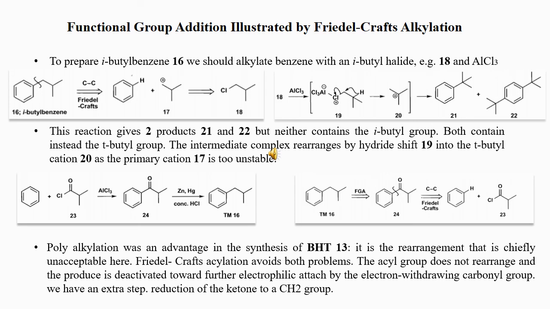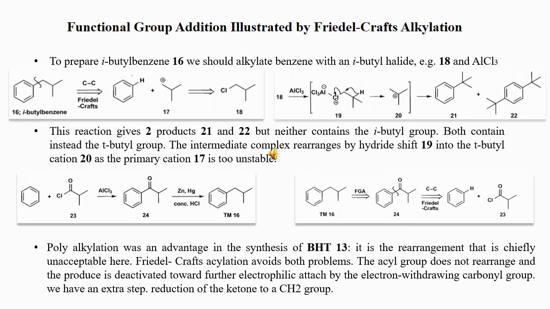So polyalkylation is a disadvantage in the Friedel-Crafts alkylation. The acyl group does not rearrange, and the product is deactivated toward further electrophilic attack by the electron withdrawing carbonyl group. So the carbonyl group stops any further electrophilic attack. So we have an extra step, reduction of the ketone to CH2.